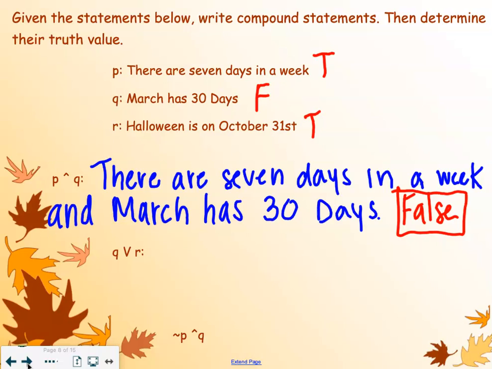So now we look at the next one. Go to Q. March has 30 days. What symbol is this? Or. Halloween is on October 31st. Now we write that.